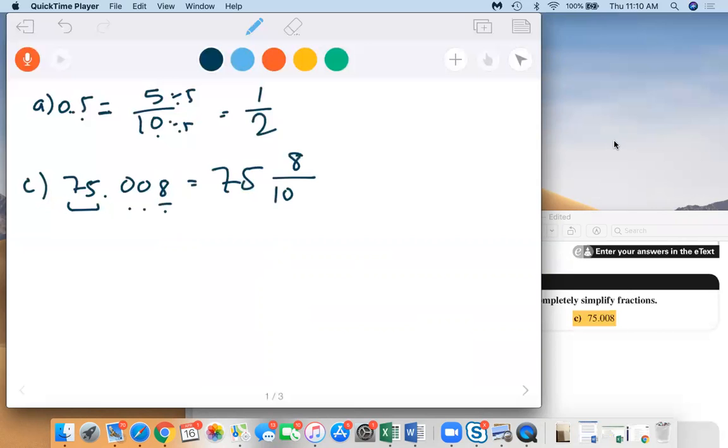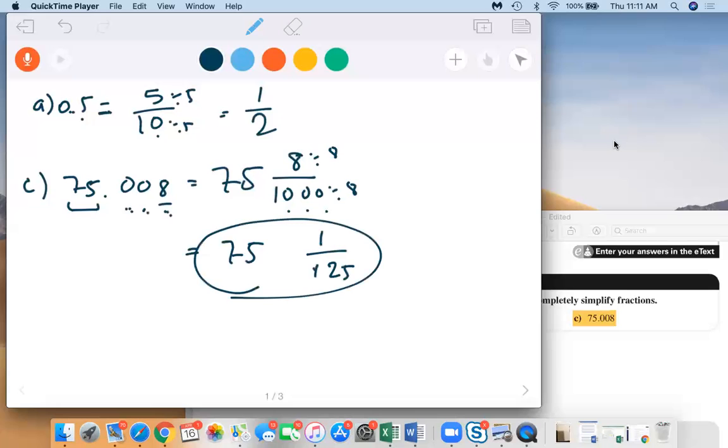It's the thousandths place because we have tenths, hundredths, thousandths. 1, 2, 3, 1, 2, 3. Now, that's not simplified, right? If we divide top and bottom by 8, we get 75 and 1 over 125.